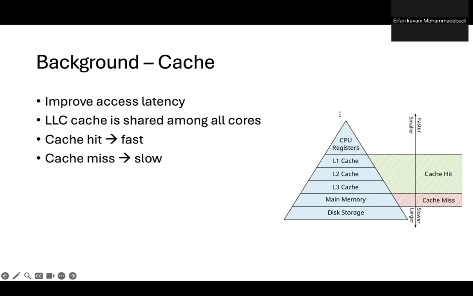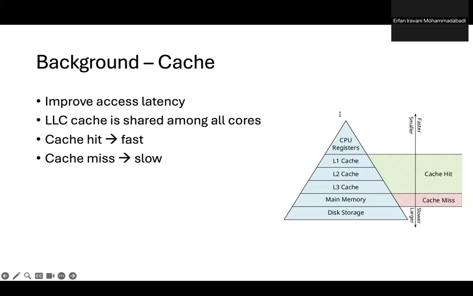And as we move down to L2, L3, and finally main memory and disk, latency increases and speed decreases. The last level cache, usually L3, is especially important because it's shared across all cores, and that shared nature makes it a common target in side channel attacks.